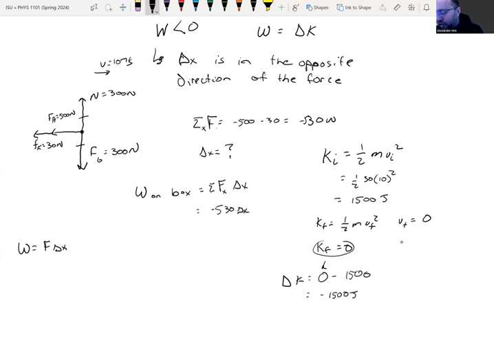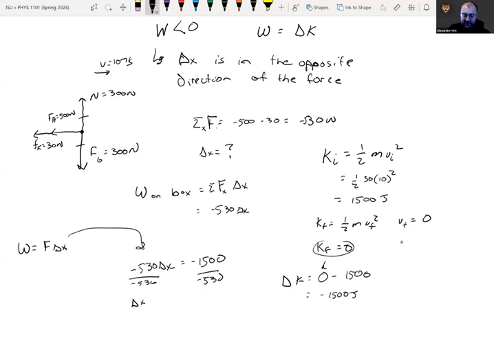Okay, so that is what we are dealing with right now. So what we have here is negative 530 delta X on the left side is equal to negative 1,500. And then we just divide by negative 530.